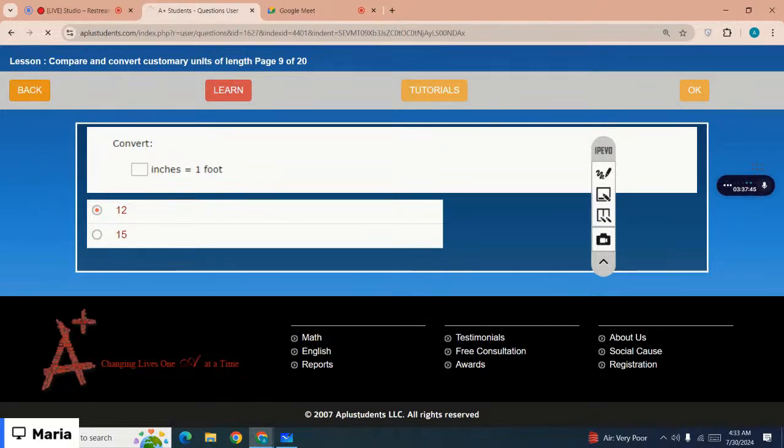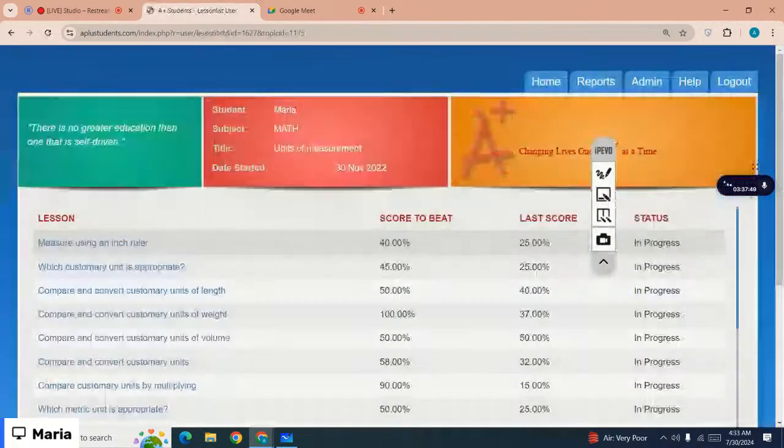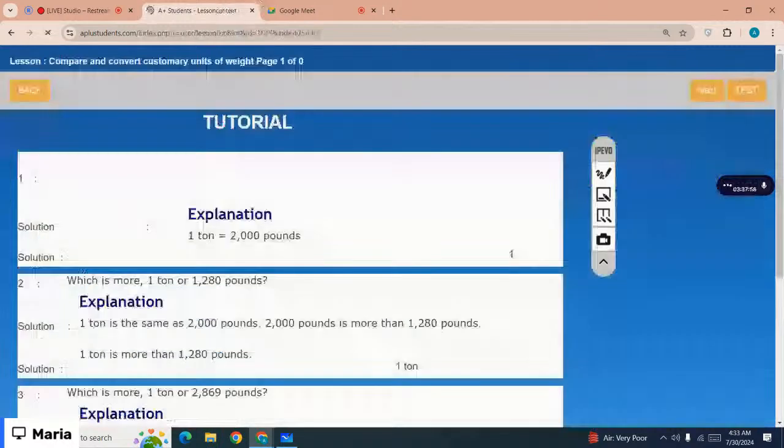The next lesson is compare and convert customary units of weight. Let's just start with the test questions.